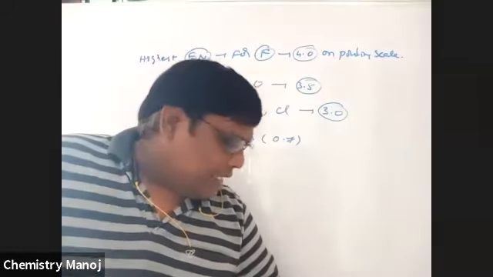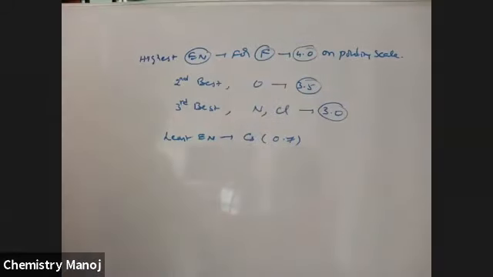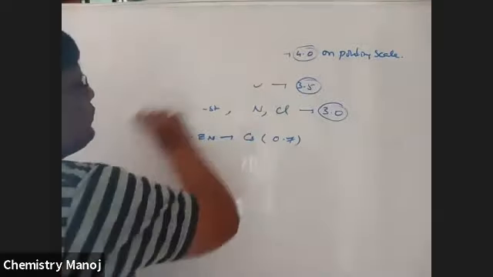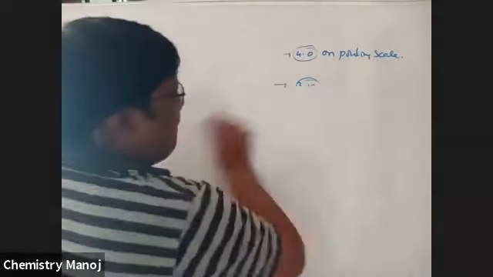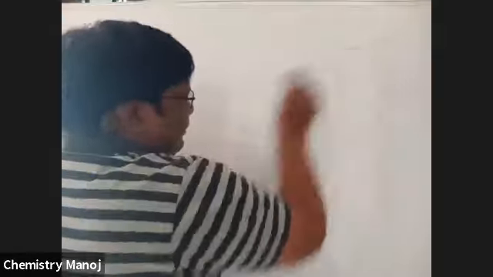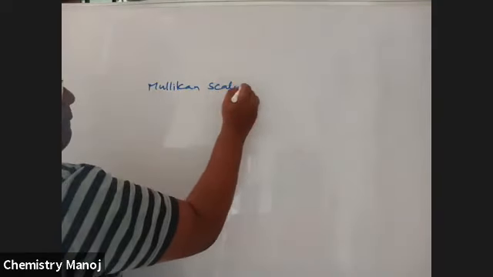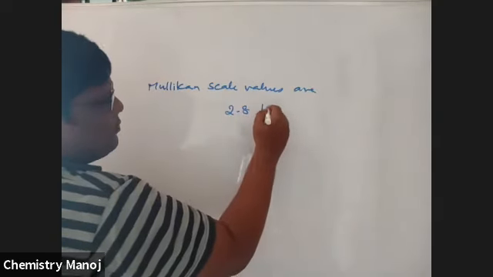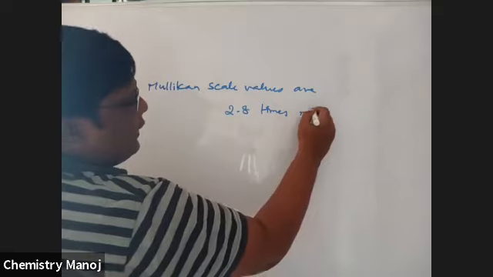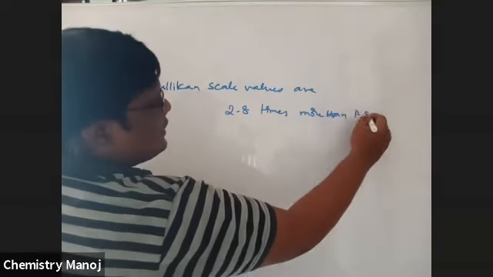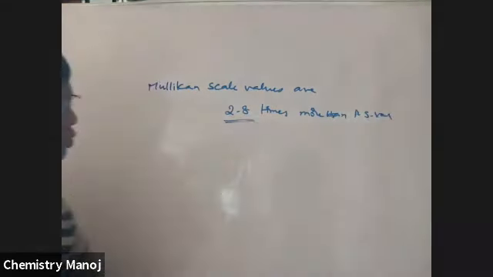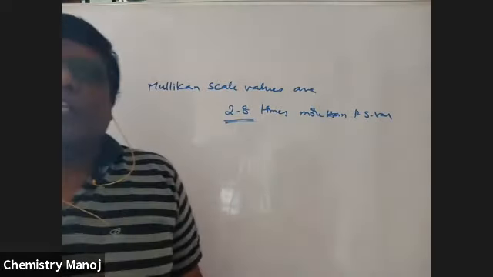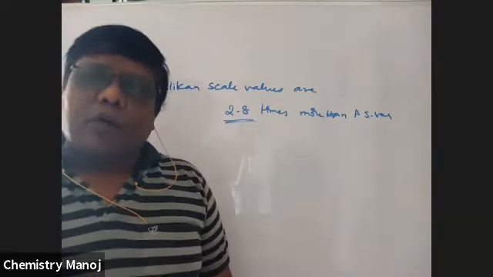So see here, there is another scale, the Allred-Rochow scale. Once again, Mulliken scale values are 2.8 times the Pauling scale values.